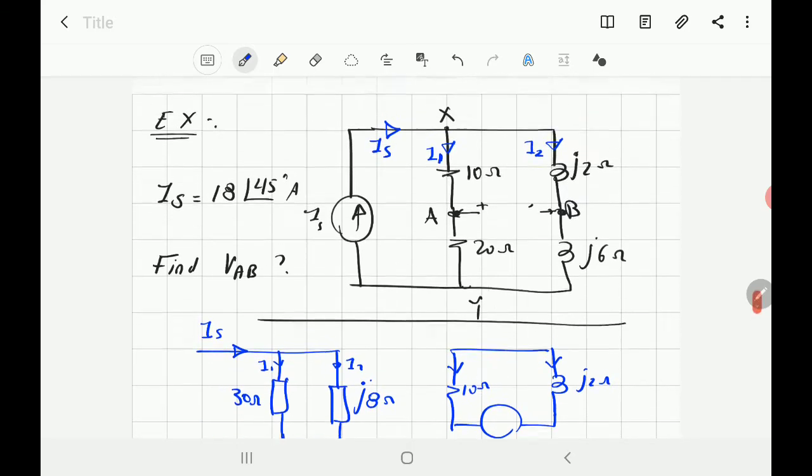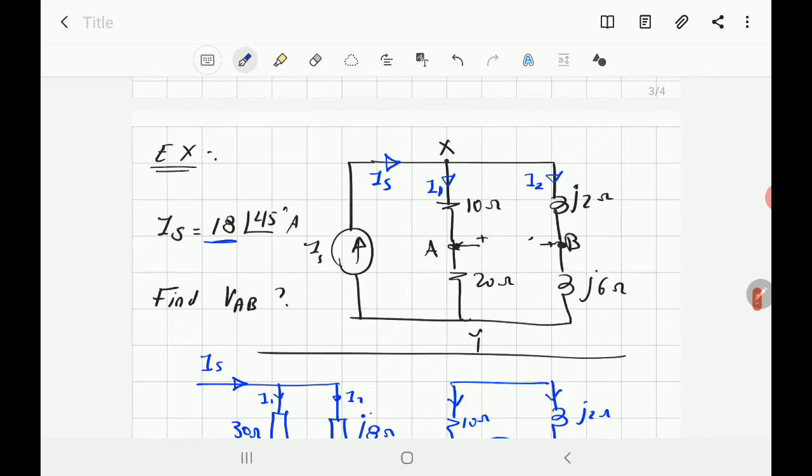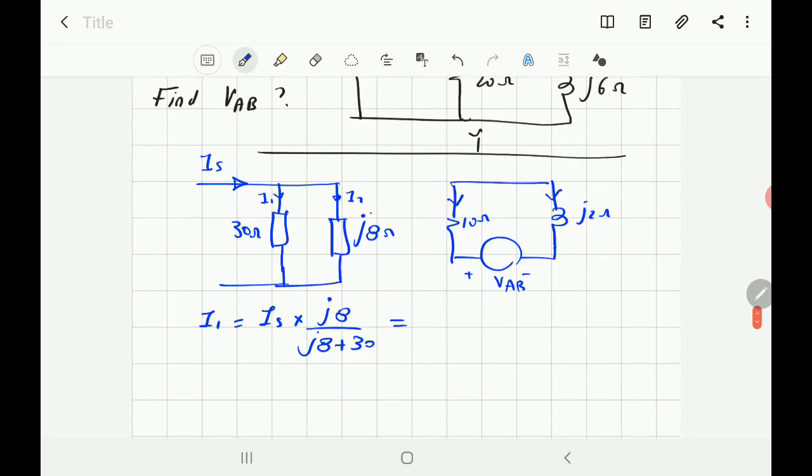I know IS is given 18 on angle 45. So I'll say 18 on angle 45 times J8 divided by 30 plus J8. And in the calculator, it's easy. You can get this value of the current.